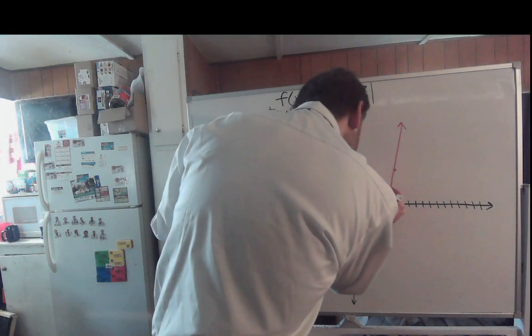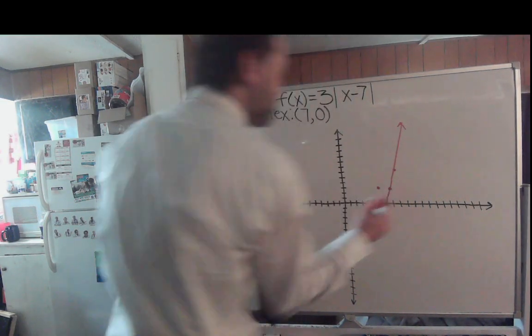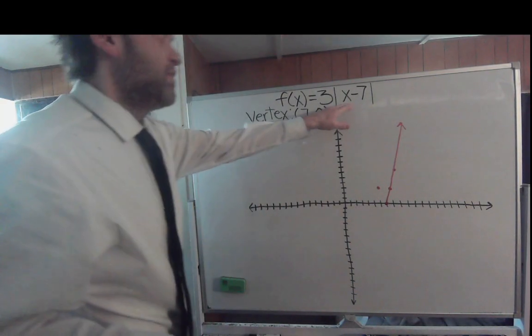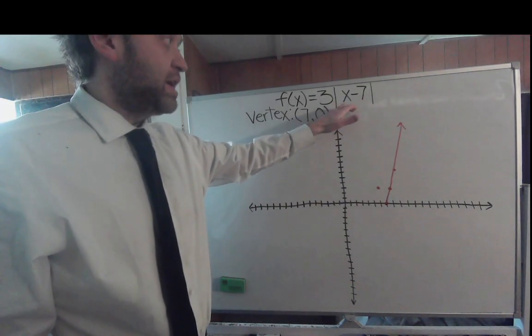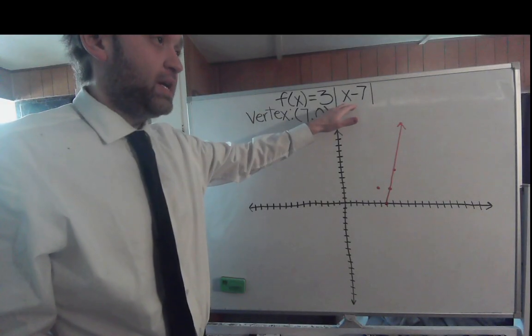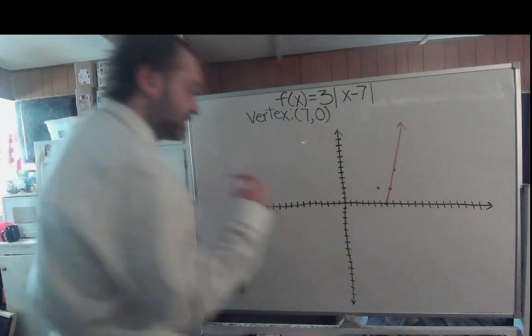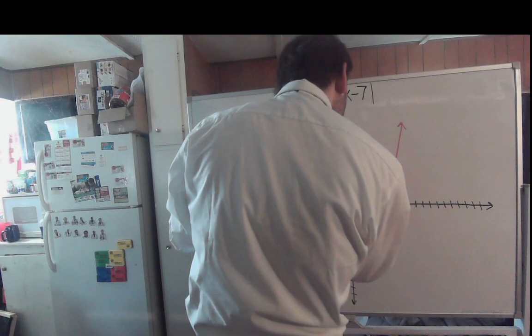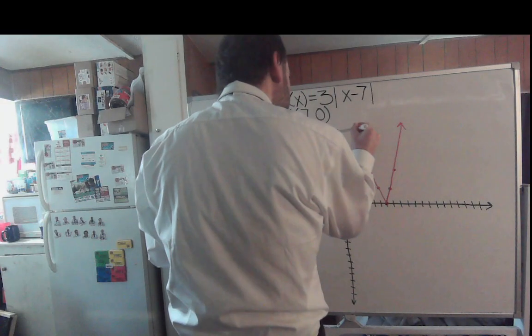So at 6 you'll also be at 3. And then what about if I put in 5 for x? Well, 5 minus 7 is negative 2. The absolute value of negative 2 is going to be positive 2. Take that times 3, you would get 6. So now we can connect the second half of this.